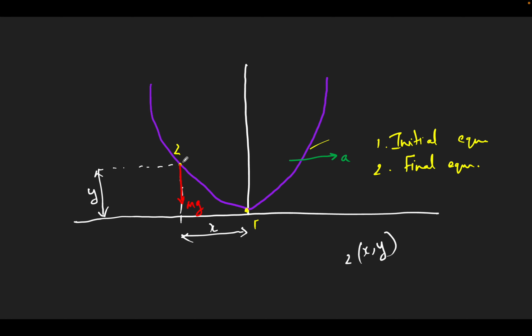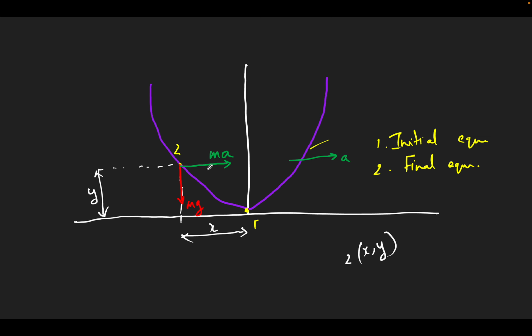So this bead must also experience a force in this direction. The mass of the bead is m, so it should experience a force of ma. So these two forces should be there: mg because of the weight, ma because of the acceleration of the system.